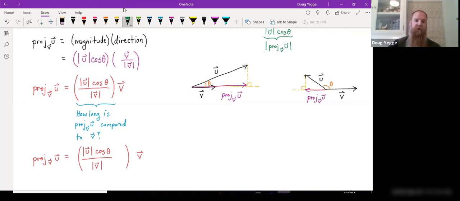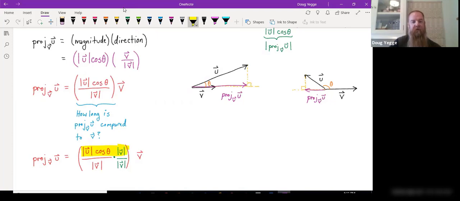I'm going to do something a little odd. I'm going to multiply this here by the magnitude of V over the magnitude of V. Okay? The benefit of doing this now is that you'll see something very helpful up top.